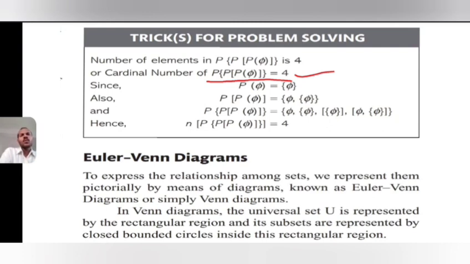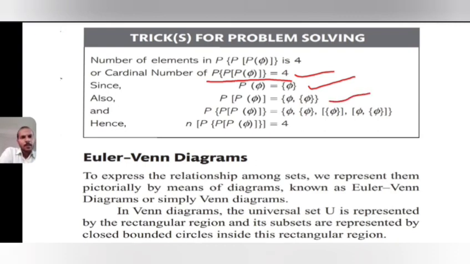Let us see how it is equal to 4. Since P(phi) equals what? Every set is a subset of itself, right? That is, P(phi) equals {phi}. Next, the power set of P(phi): already phi is there, and P(phi) is one more element we add here.